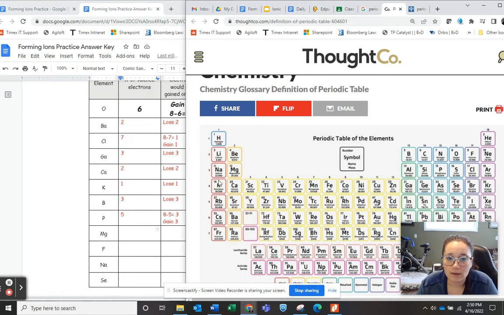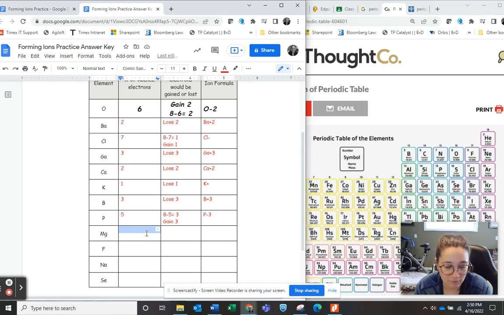Magnesium, we're going back over here to group number 2. So we have 2 valence electrons. We lose 2. So we have Mg plus 2. Fluorine is in group number 17 over here, which means we have 7 valence electrons. 8 minus 7 equals 1.